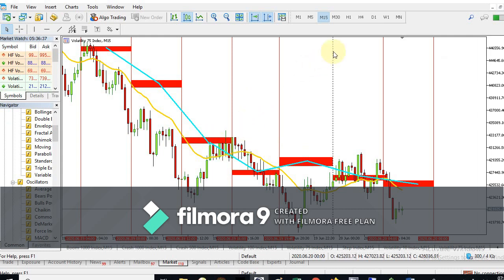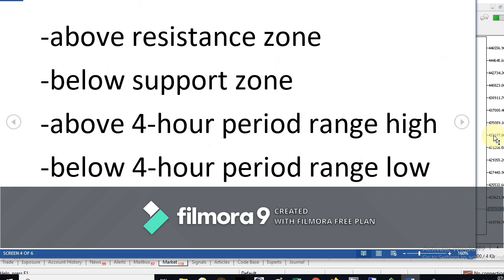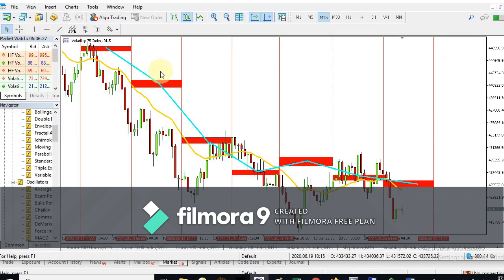Then the next condition is price break and close above resistance zone, or below support zone. Now this is our resistance zone. If price goes up and breaks and closes above this, we'll have upward price movement. Now this is a support zone. Price broke and closed below this support zone.